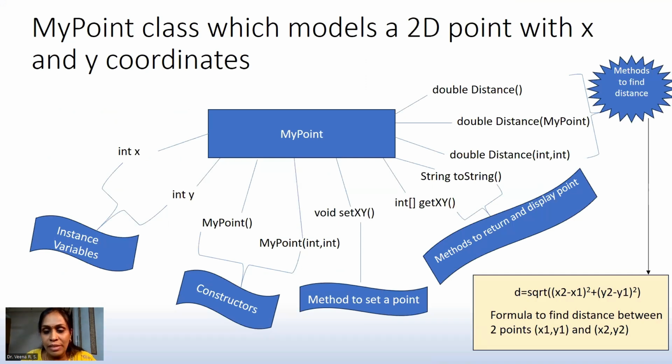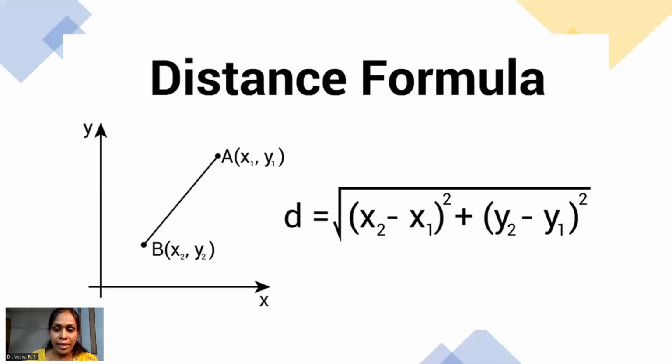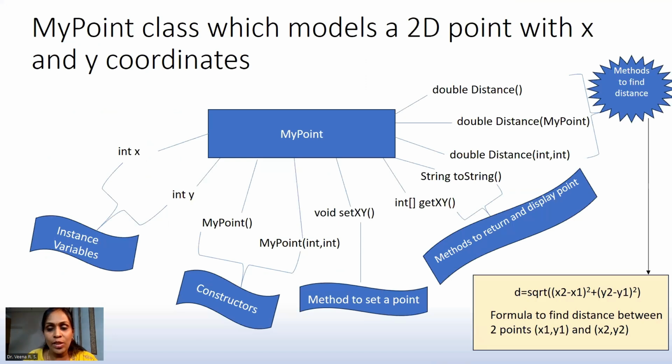So that is also listed here. getXY is a method which is going to return a one-dimensional array. toString is a method that returns a string description of the instance in the format (x, y). So one more method I have listed here, toString, which is going to return a string value, and that string value is to be displayed as a point, that is with brackets, x coordinate, comma, y coordinate, and then bracket close.